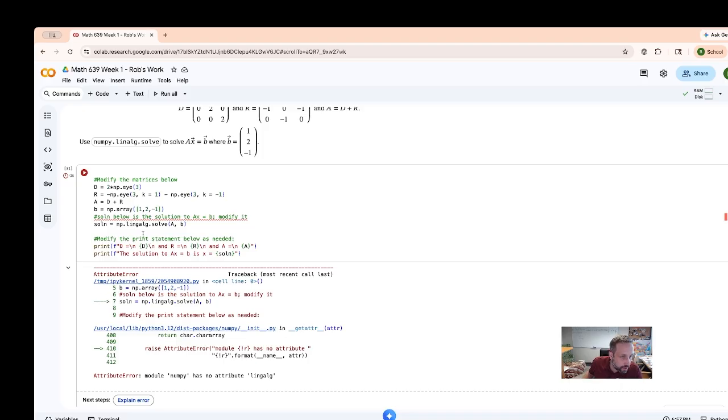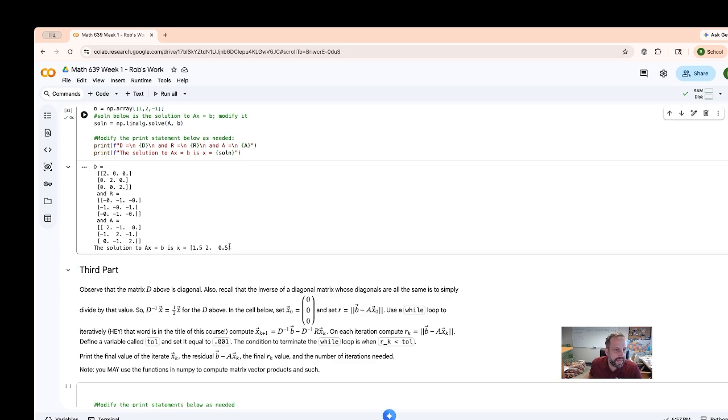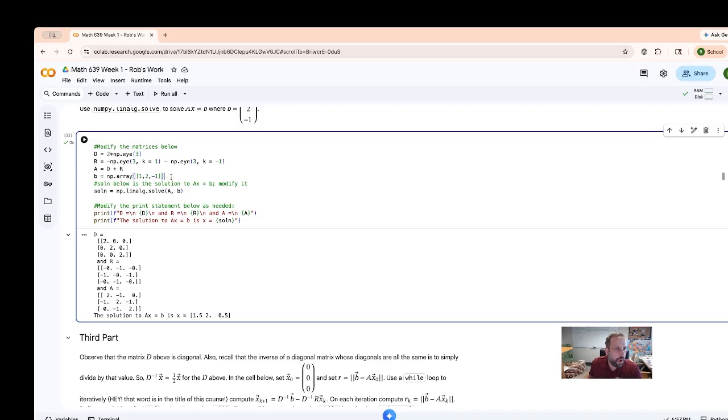Man, this is going great. Linalg. Okay, finally. The solution to AX equals B is that right there. Now, let's say we wanted to do the thing where we did the reshaping, so we could say this.